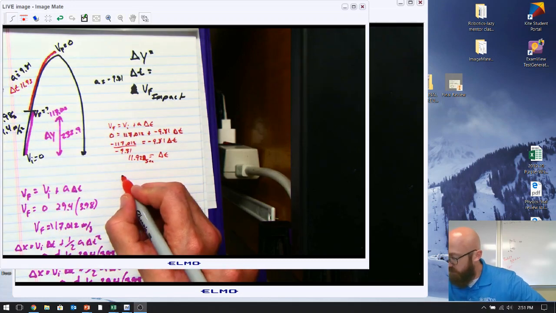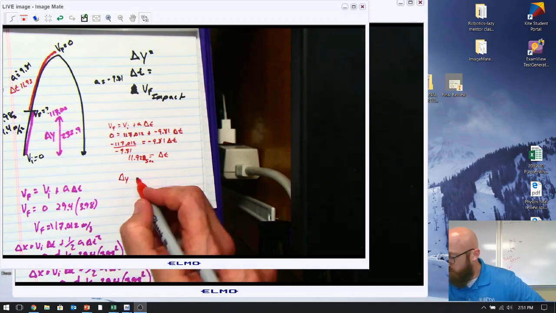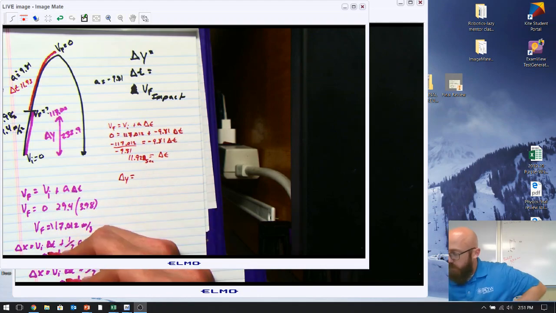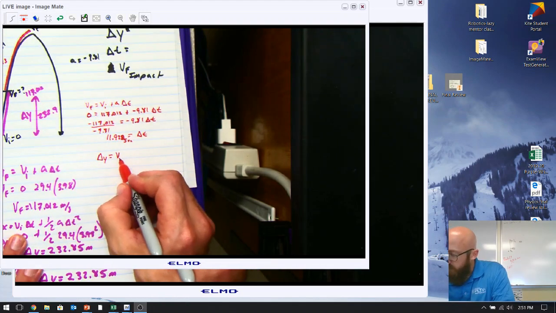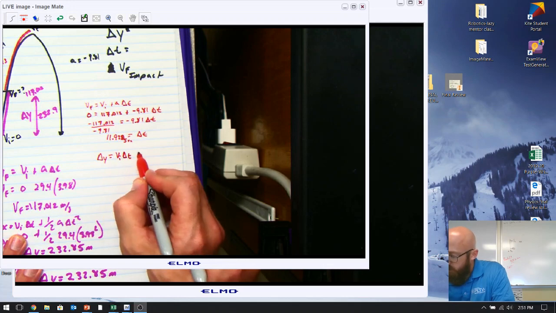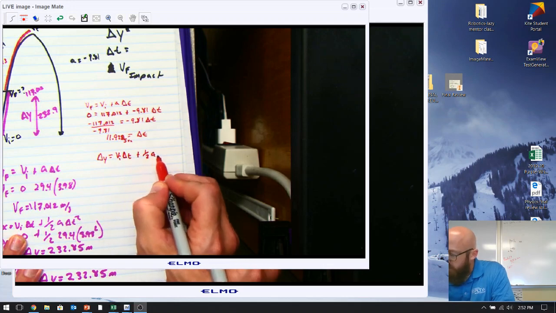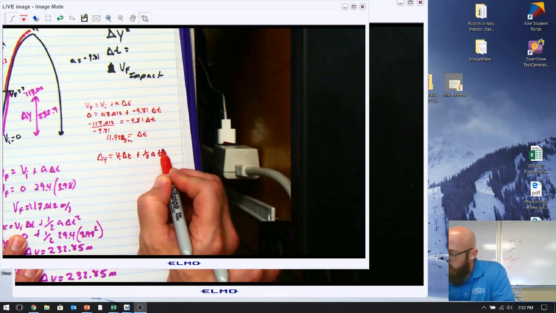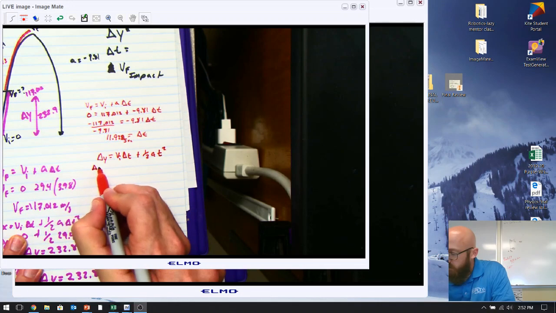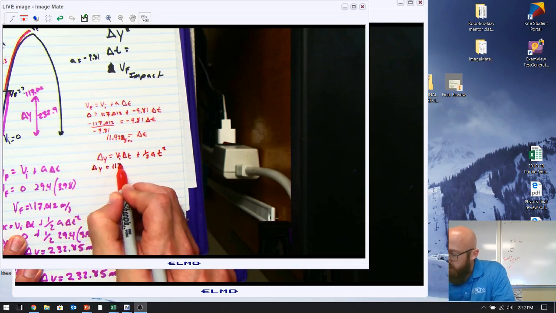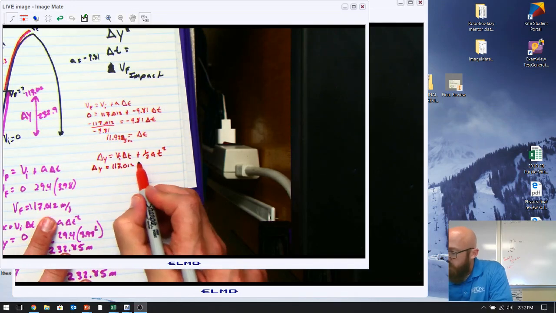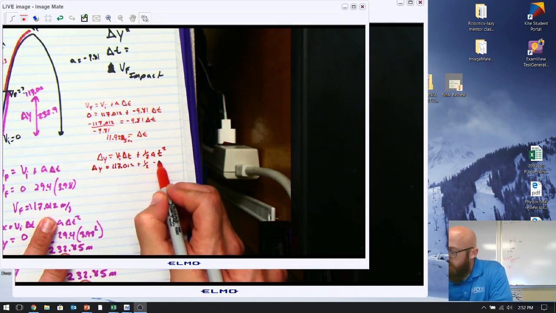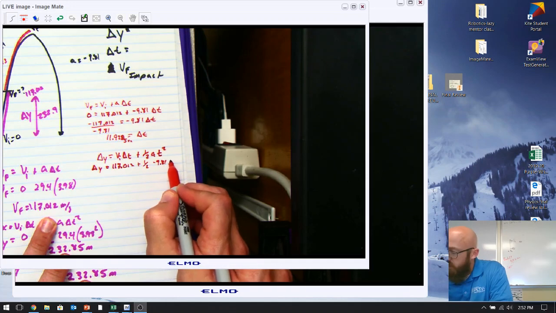So let's find our height. We can still use delta y. We have the same equation again. We can say delta y is equal to VI delta t plus 1/2 a delta t squared. Our VI is 117.012 times delta t, plus 1/2 negative 9.81 delta t squared.